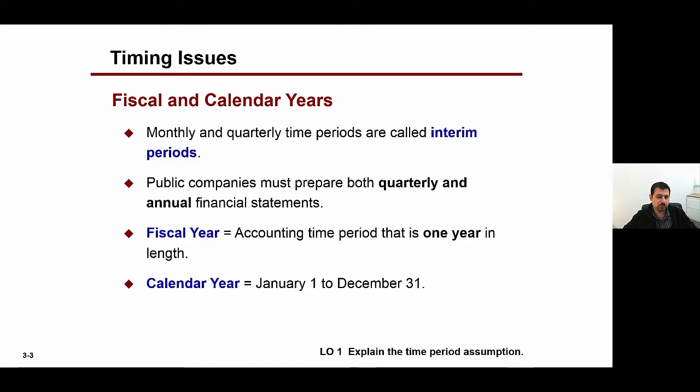For example, it could start from July 1st until June 30th of the following year. Basically, it is one year for which accounting transactions are recorded. And publicly traded companies have to prepare and publish quarterly as well as annual financial statements.